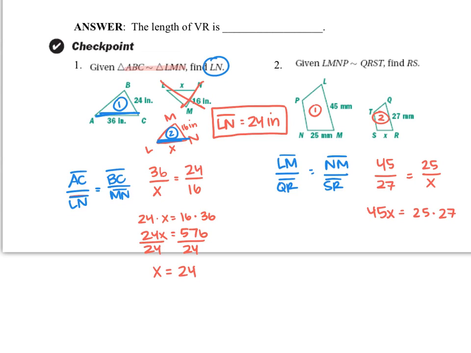I'm going to use my calculator for that. 25 times 27 is 675, so 45x equals 675. I divide by 45, and x equals 15. So my final answer is that side length RS equals 15 millimeters.